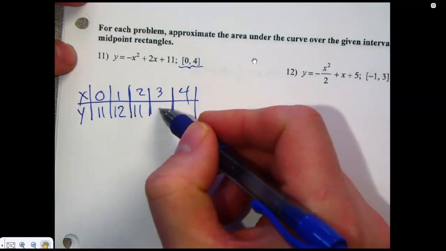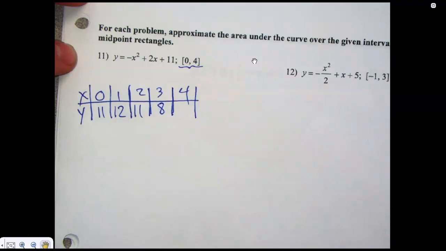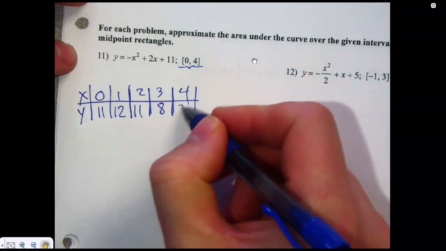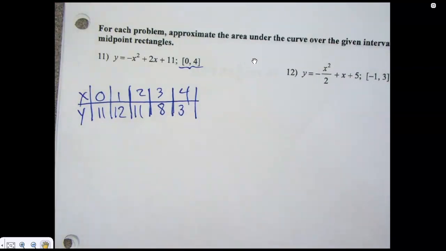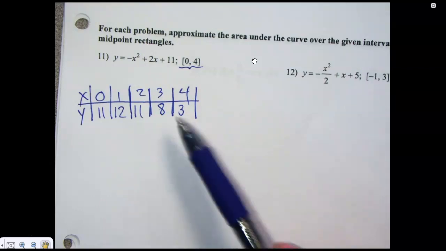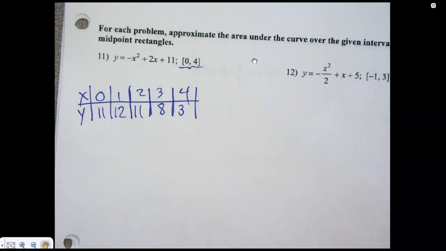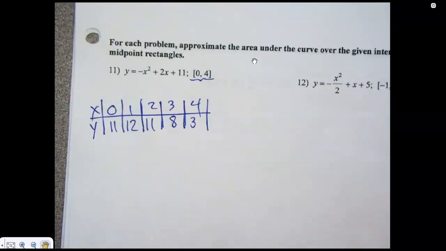This is 8, I believe. This is 3, I believe. I'm going to need some verification though, so I check that. You got what? Oh, okay. I said 5. Verify.